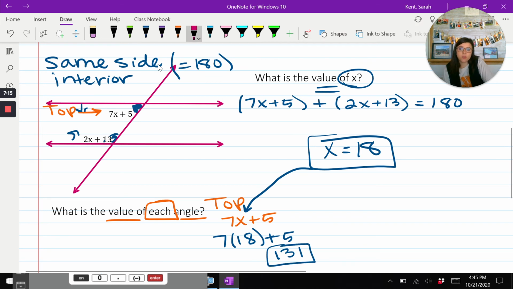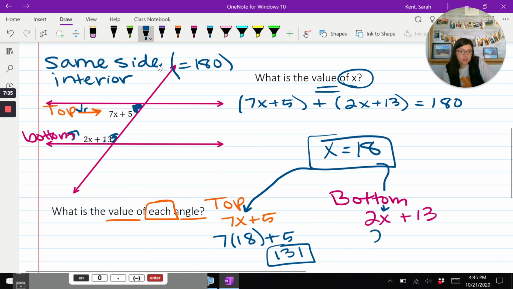Then we can do the same thing for this bottom angle. Our bottom angle is 2x plus 13. So we still take our 18 and plug it in for x. So this time I'll have 2 times 18 plus 13.